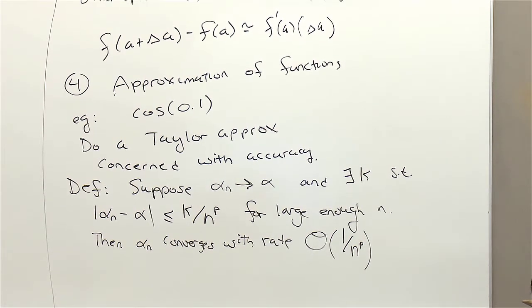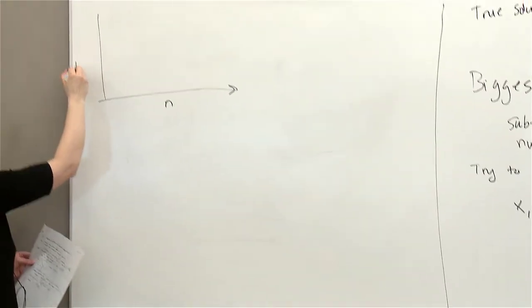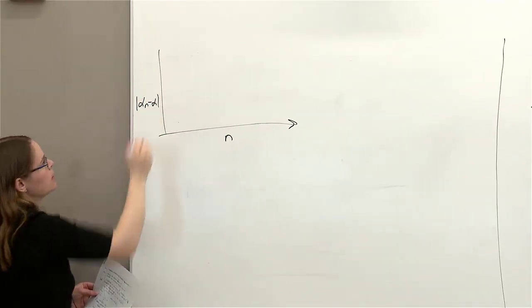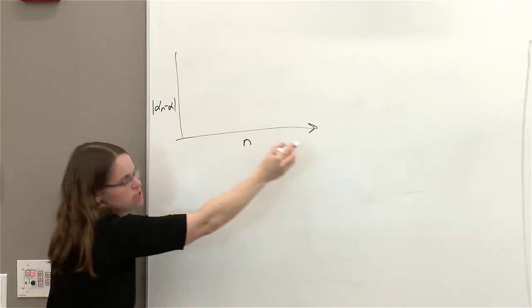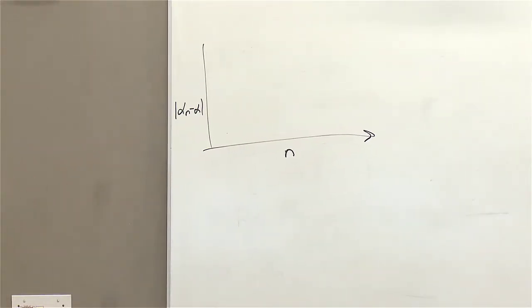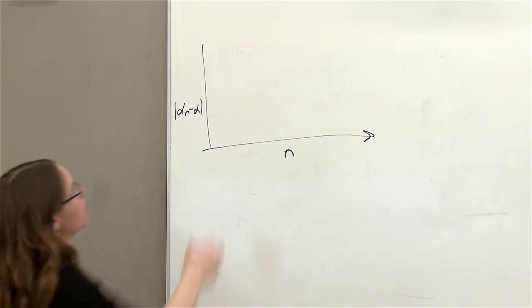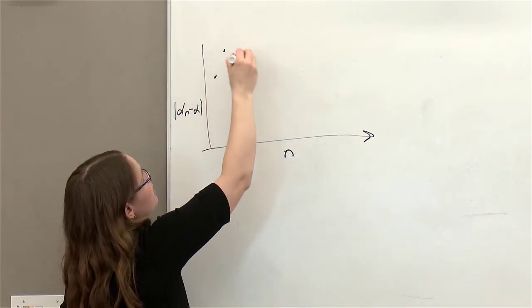Right, so if I look at the picture, say this is my error, and I get different approximations for different values of n, and we hopefully have the error going eventually to 0.